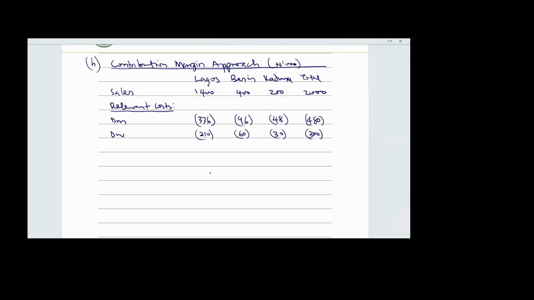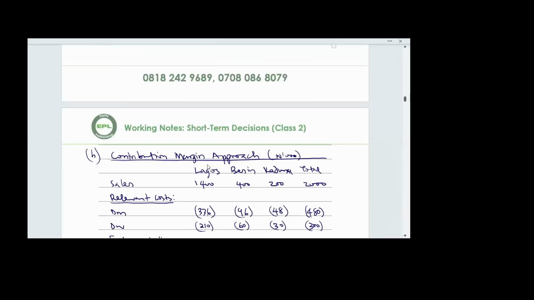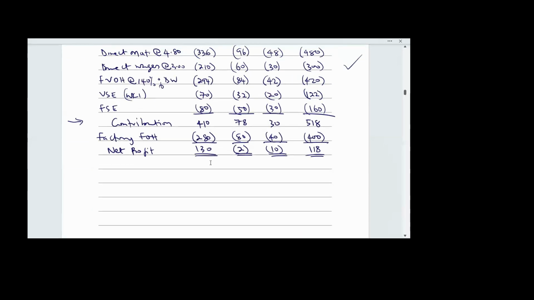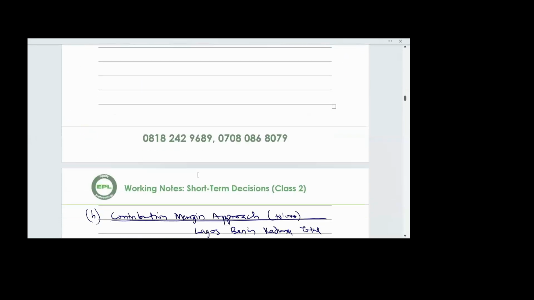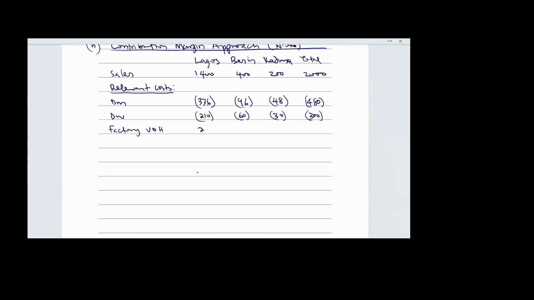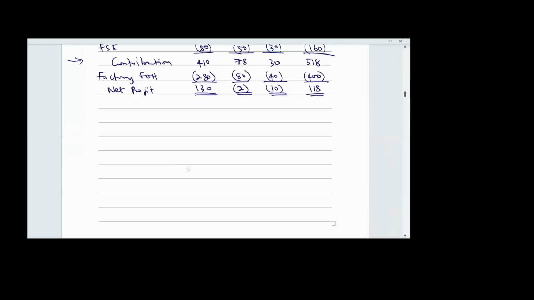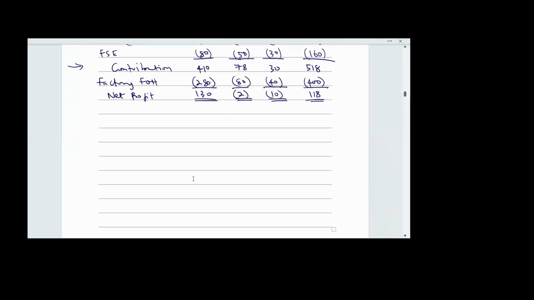Then after direct wages, we have factory variable overheads to be 294, 8442, which is I think 420. Yes, 420.